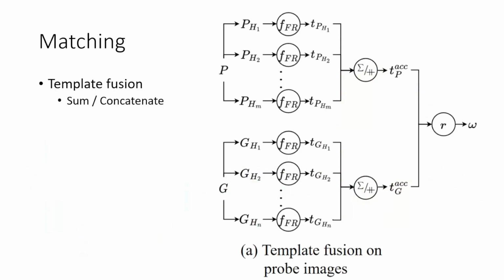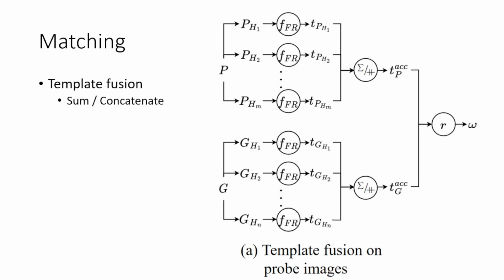And the first option we tried here is to fuse the templates of probe and gallery images separately, so that we have a single probe template and a single gallery template. Here we can combine the templates by either summing them all up or by concatenating them. Then, once we have a single fused gallery template and a single fused probe template, we can combine them by calculating the similarity score between them.